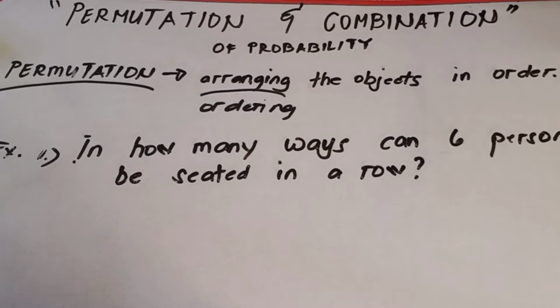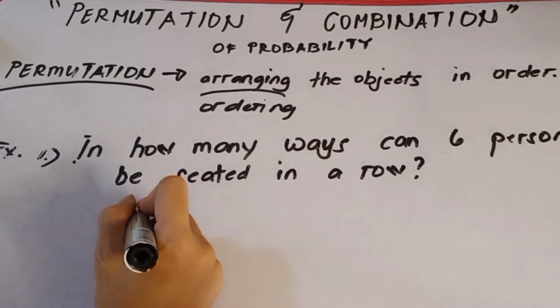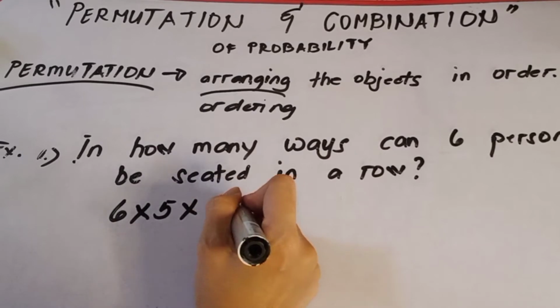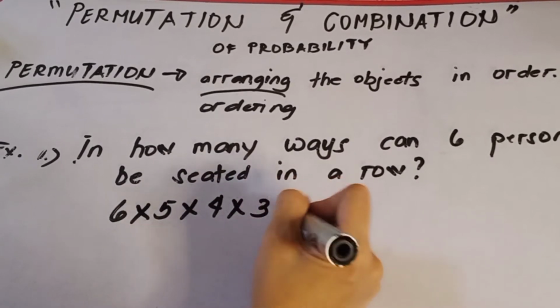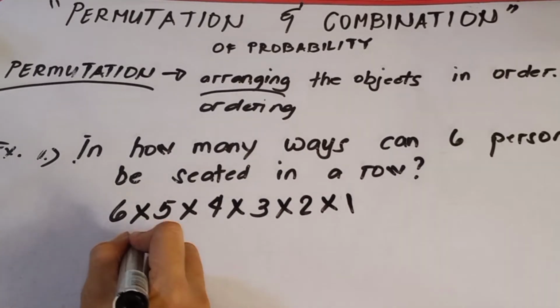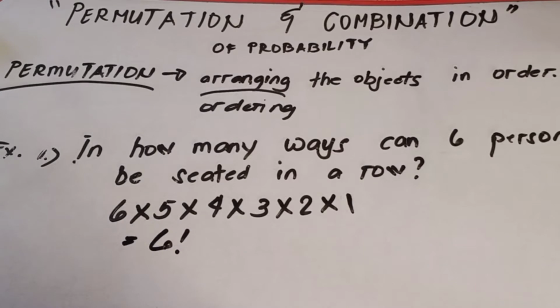In this example, we are going to use the fundamental counting principle. So there are 6, so that is 6 times 5 times 4 times 3 times 2 times 1, or simply, we can write this as 6 factorial.